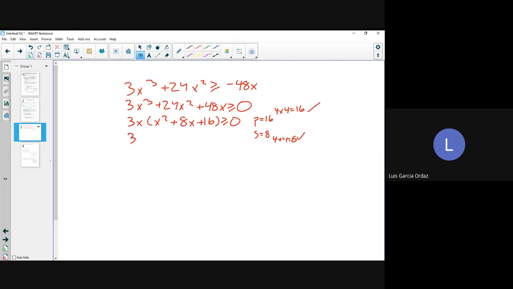So we get 3x times x plus 4 times x plus 4 greater than or equal to 0. Is that the way we should leave that expression, or can we simplify it more? x plus 4 squared. Yep. So we get 3x times x plus 4 squared is greater than or equal to 0.